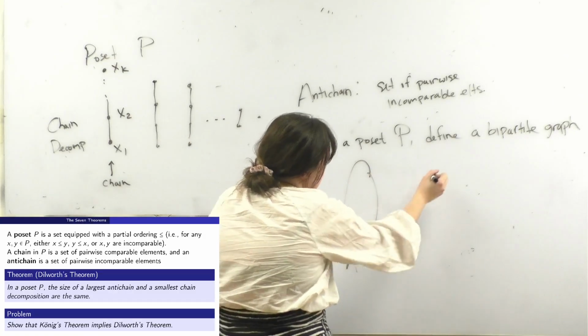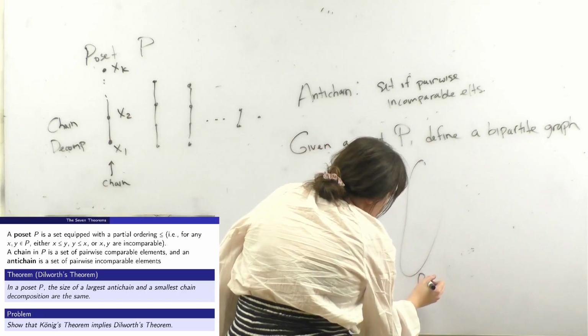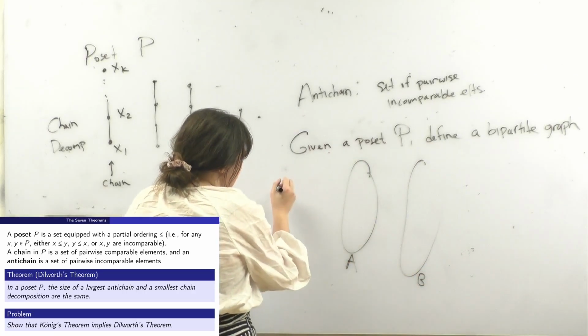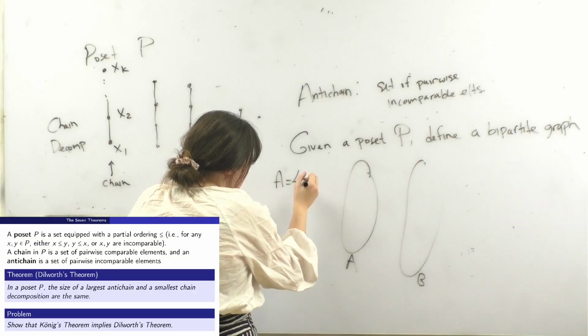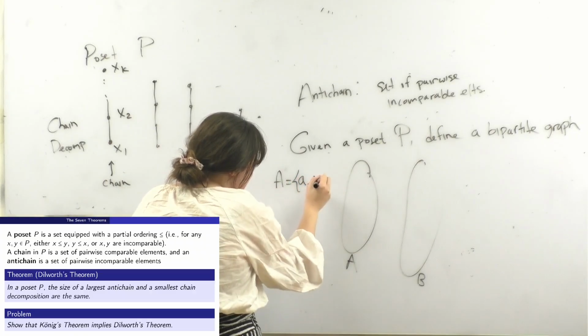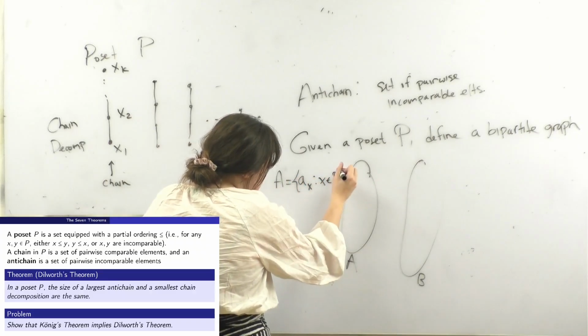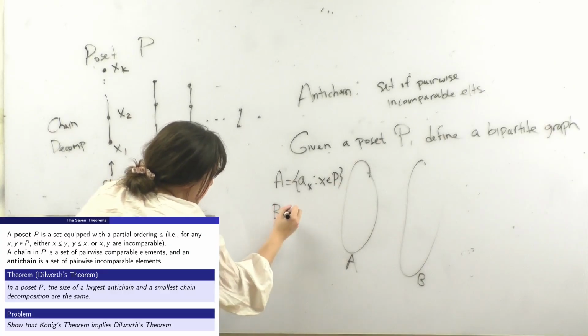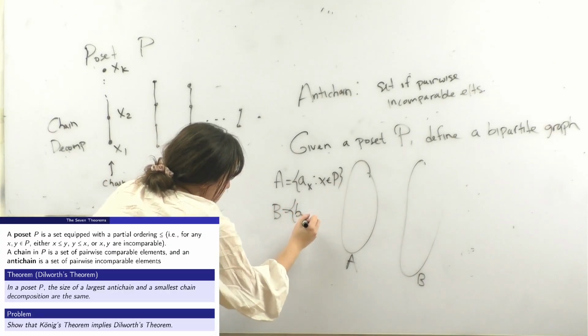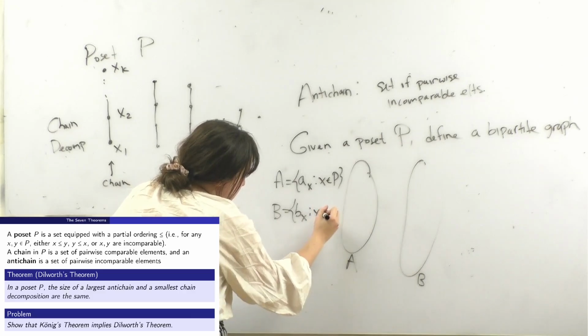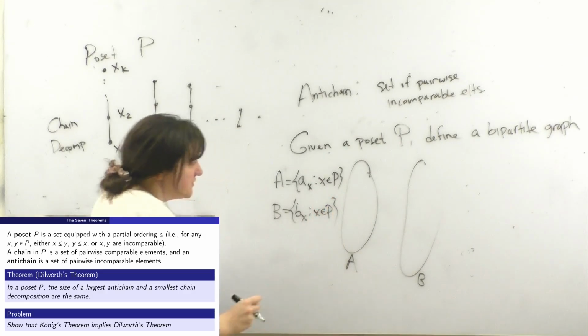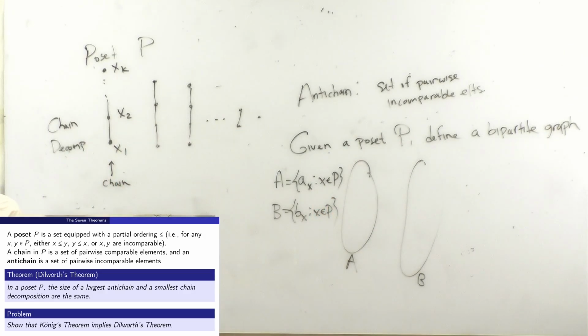It's going to have two sides, A and B, and each side is basically a copy of all the elements in my poset. So for every element x in my poset, I have an a_x on the left and a b_x on the right.